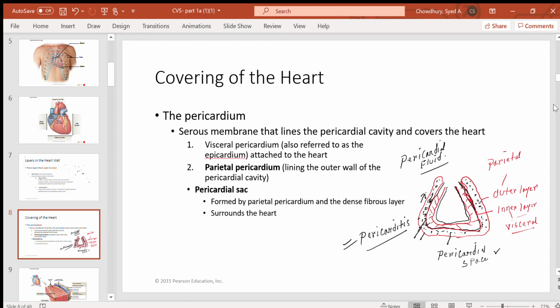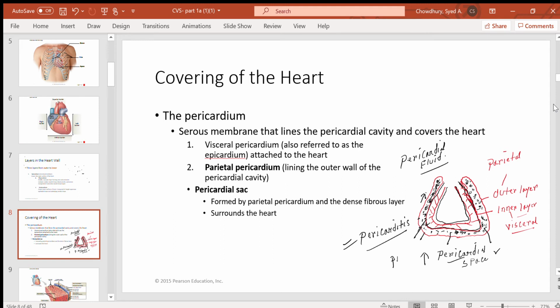Now there is another clinical condition in which the fluid accumulates in the pericardial space between these two layers. You remember I said it is partially filled with lubricating fluid, pericardial fluid. However, if too much fluid accumulates here, then what will happen? The pressure will increase in the pericardial space.